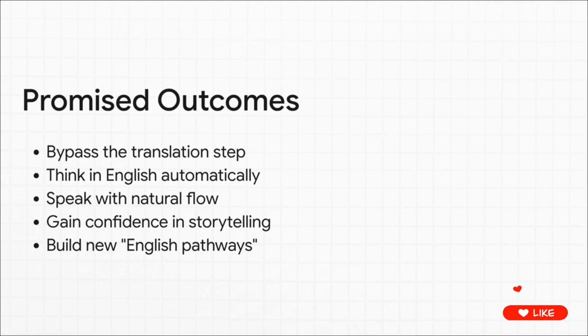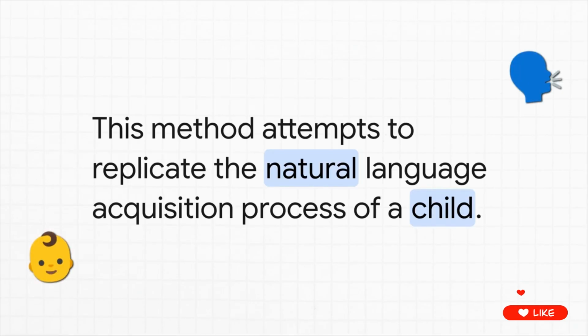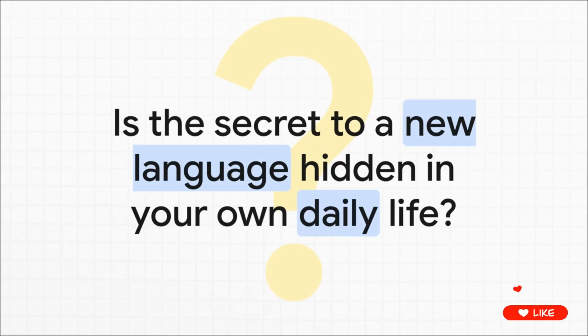And really, it all comes back to this one powerful idea. This is how we all learned our first language as kids. Not with grammar tables or translation, but through direct association, connecting what we see and experience with the words to describe it. So, when you boil it all down, what's the key takeaway here?